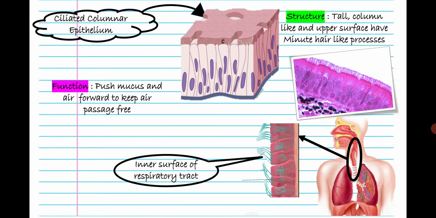Its function is to push mucus and air forward to keep the air passage clean, to trap dust particles. These cilia play a very important role. They move continuously, due to which the secreted mucus moves forward in our respiratory tract, as well as moving the air.